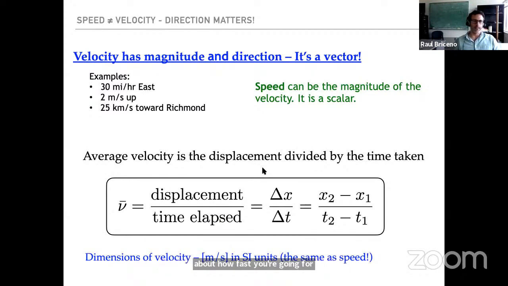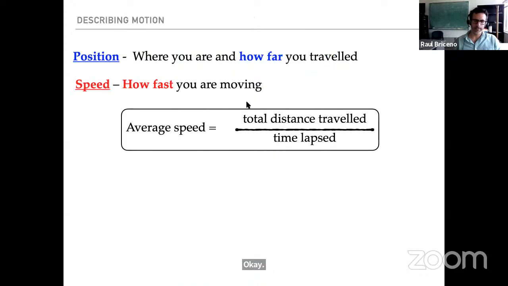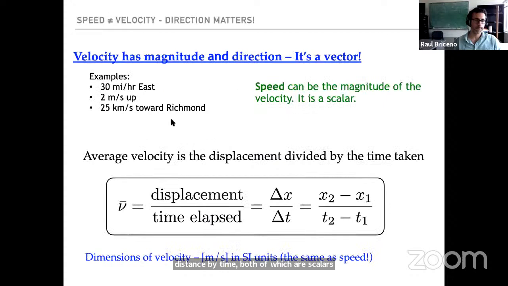Speed and velocity are closely related, but they're not quite the same. The simplest distinction is that you're dividing distance by time, both of which are scalars, and so you're going to end up with a scalar. Velocity, on the other hand, is not just telling you how fast you're going, but also where you're going. So it's actually a vector.